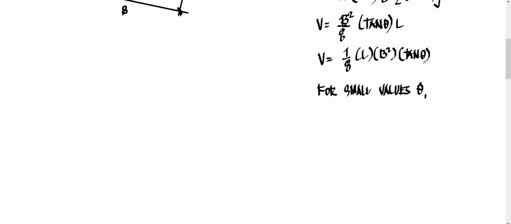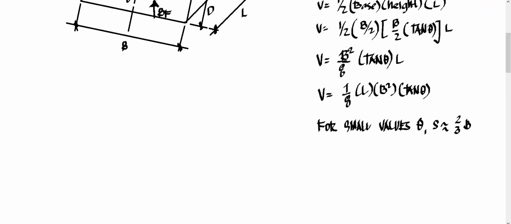Now for small values of theta, the angle where your S is almost equal to 2/3 of the value of B. Knowing from our previous equation that MBO is equal to the volume times S, divided by the volume displaced, times the sine of theta, we're going to substitute the volume here and also the value of S here.